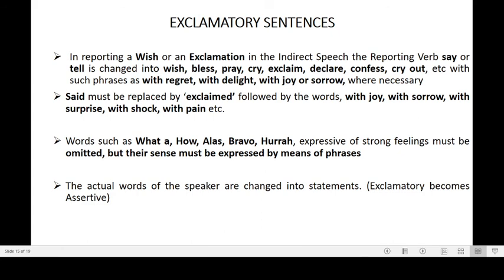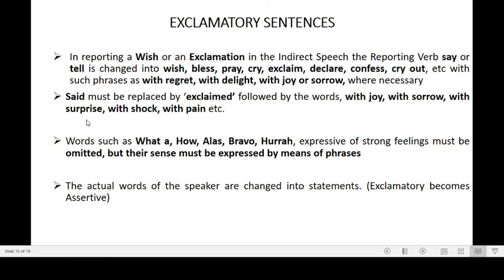Let's look at the rules to be followed to change exclamatory sentences into reported speech. In reporting a wish or an exclamation in indirect speech, the reporting verb say or tell is changed into wish, bless, pray, cry, claim, declare, confess, cry out, etc., with such phrases as with regret, with delight, with joy, with sorrow where necessary.